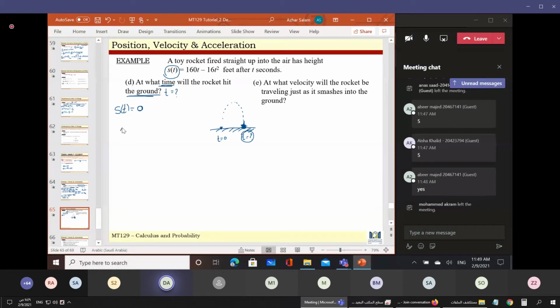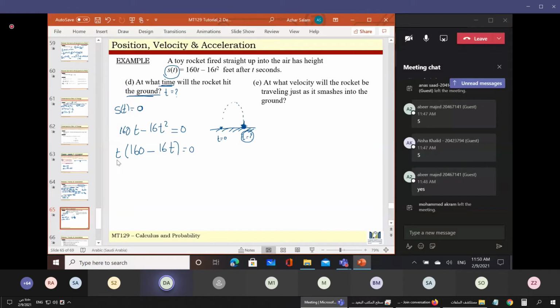It will be 160t minus 16t squared equals 0. First I take t as a common factor. It will be t times (160 minus 16t) equals 0.